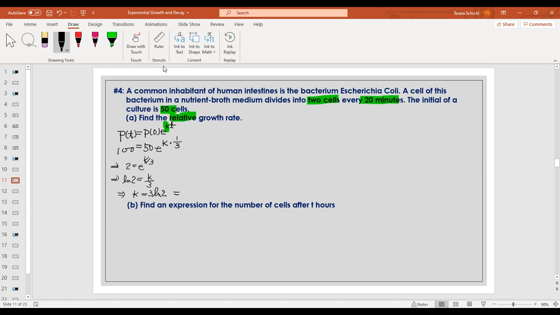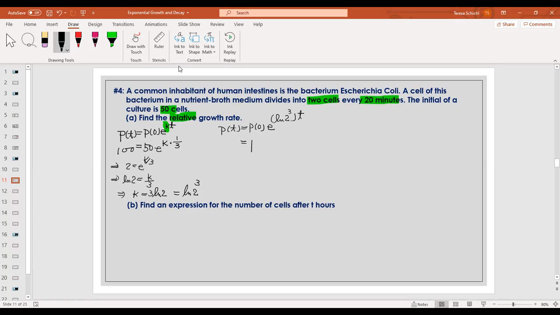If you like, you can say this is natural log of 2 to the 3rd power, because you can use the logarithm property to move these constants inside. Now let's rewrite this: P(t) is equal to P0 e to the natural log of 2 to the 3rd, times t.